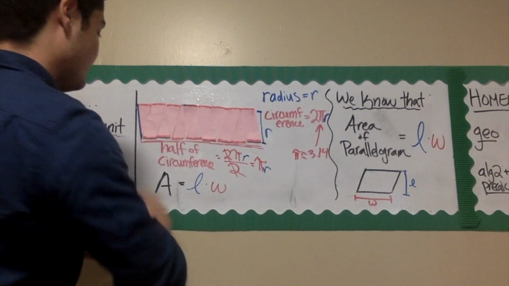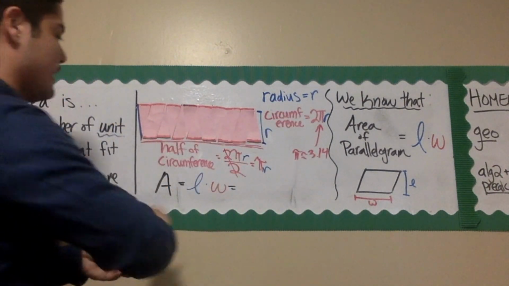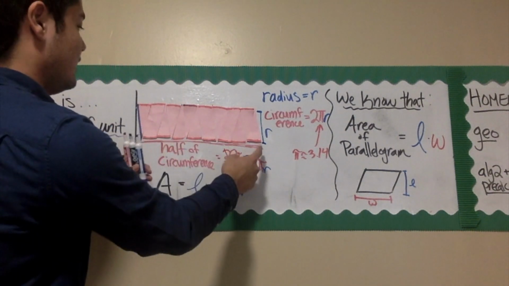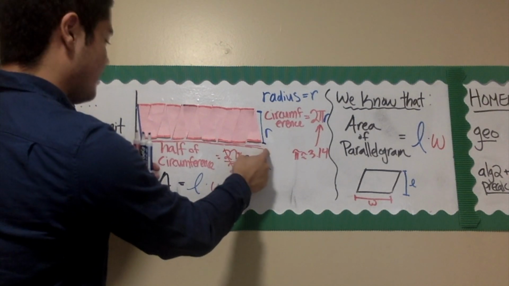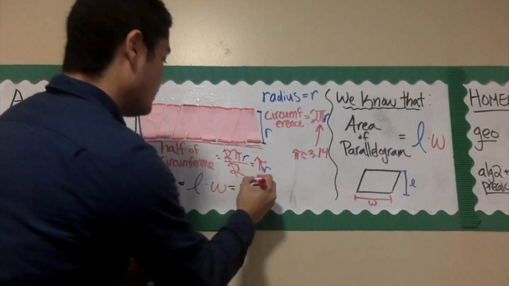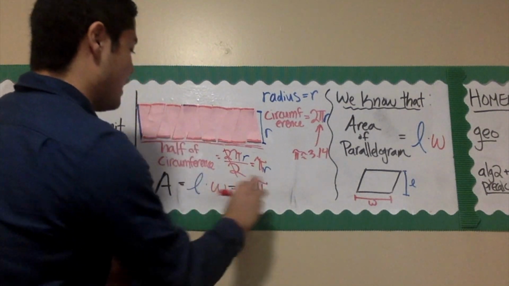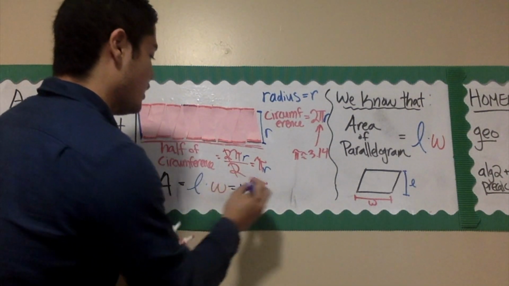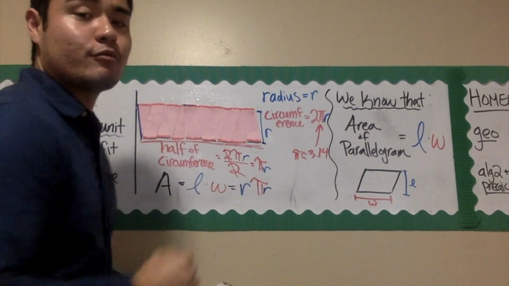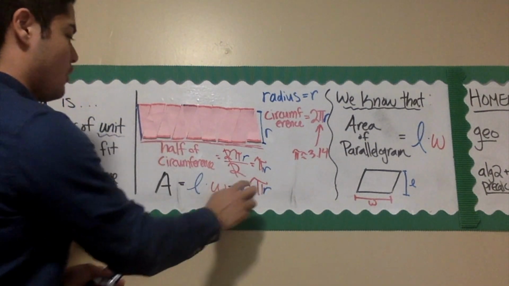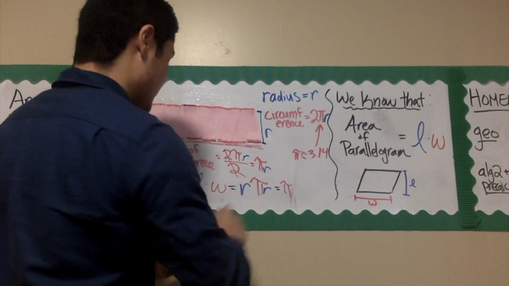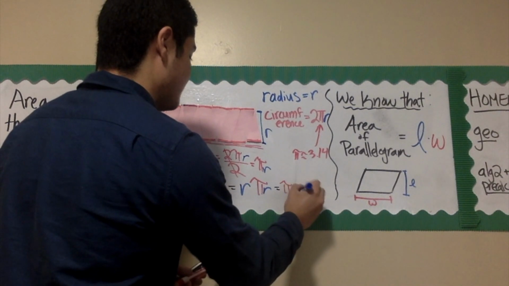Okay, what is the length of the figure that we created? It is r. So for L, I'm going to rewrite it as r, the radius. And the width of the figure we determined was pi times r. So instead of w, I'm going to write pi times r. Okay, I'm going to rearrange my terms. Instead of r times pi r, I'm going to rewrite it as pi times r times r.